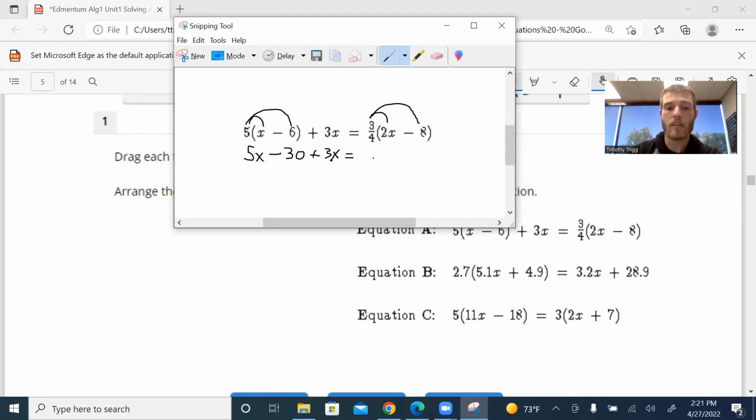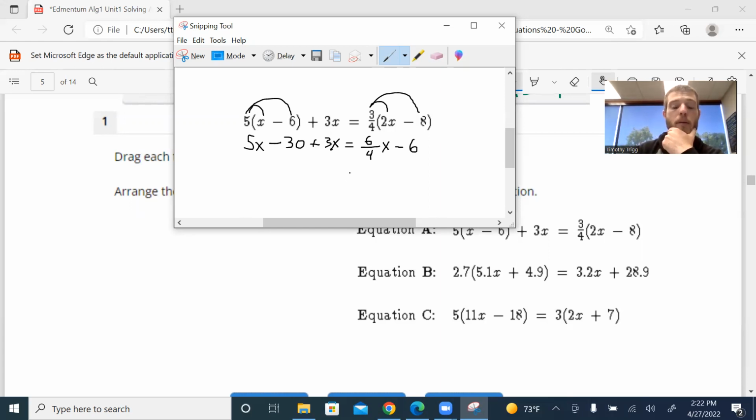Well, that one doesn't divide nicely, so I'm just going to leave it as 6 over 4x for now. And then fortunately, the 8 does work nicely. 8 times 3 is 24. 24 divided by 4 is 6, so it's minus 6.